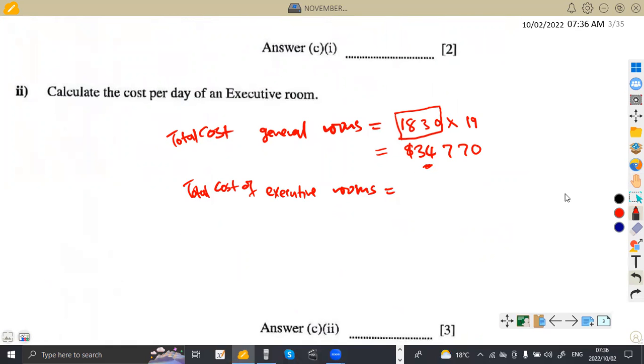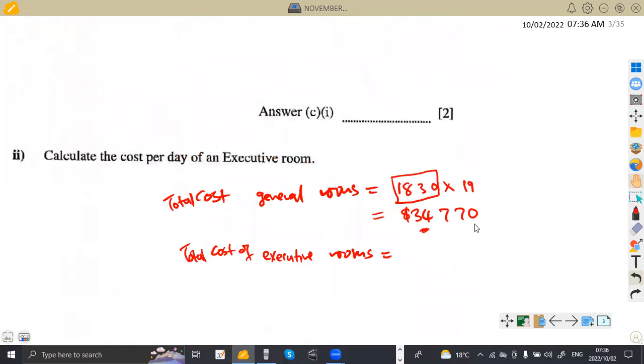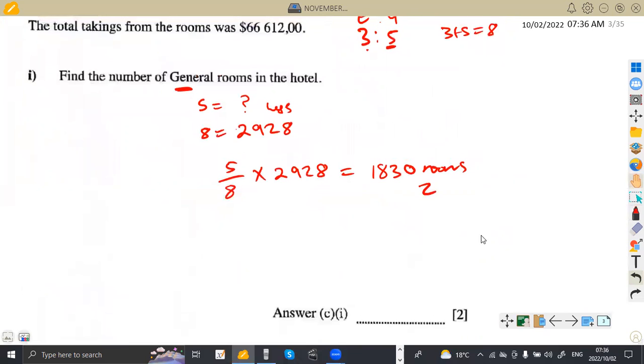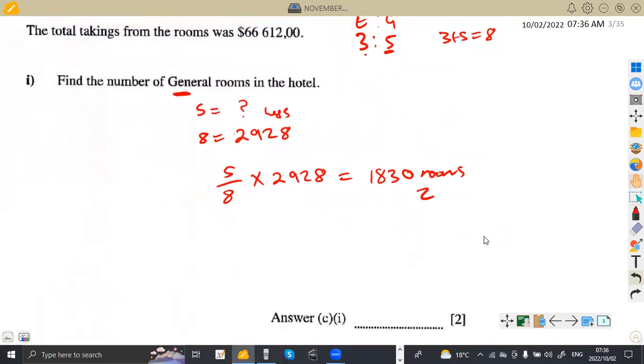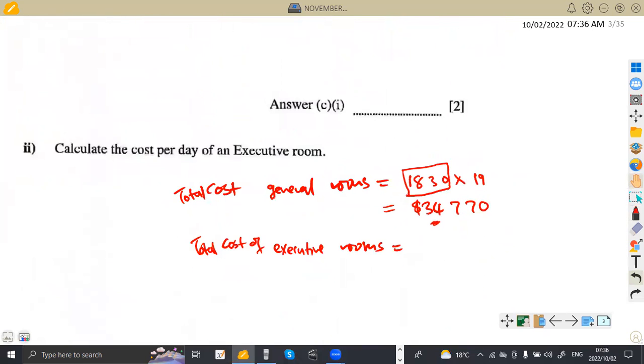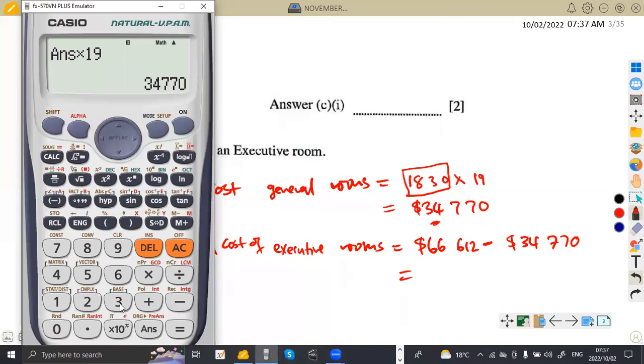It was $66,612 minus this one that we got here, which is 34,770. So we are going to obtain now the total cost for these rooms that we have.